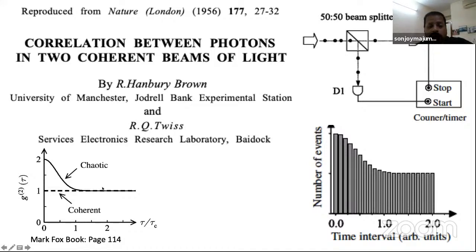The correlation will be a similar kind of thing, and you will get the coherence time after a time interval. So this is the famous experiment which shows that the coherence time can be obtained, and how the light coming from a star behaves and how it is correlated.